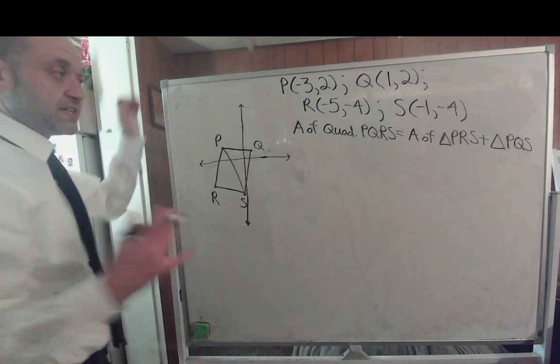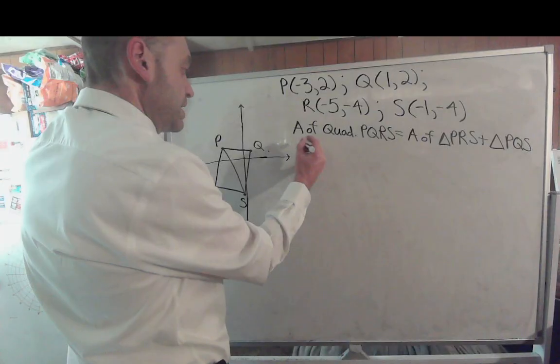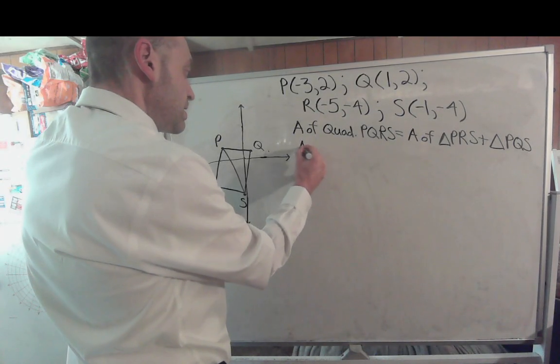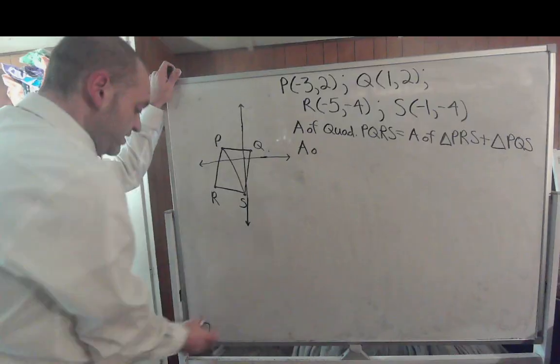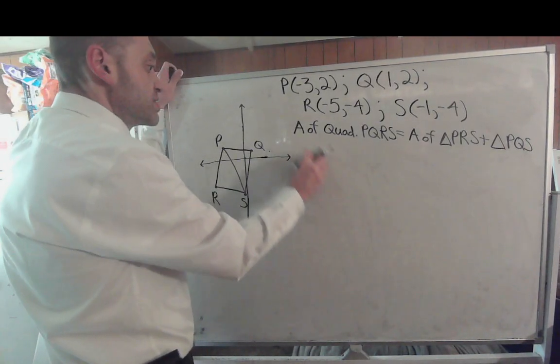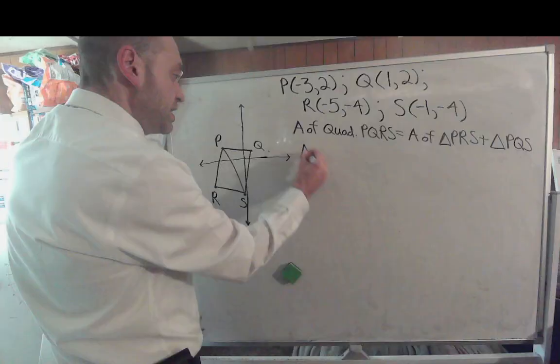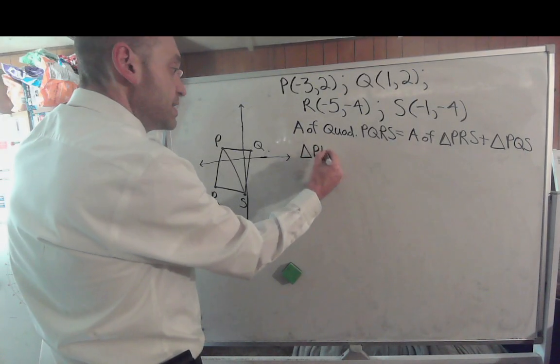Now, let's seek to find the area of PQRS. Let's just look at triangle PRS first.